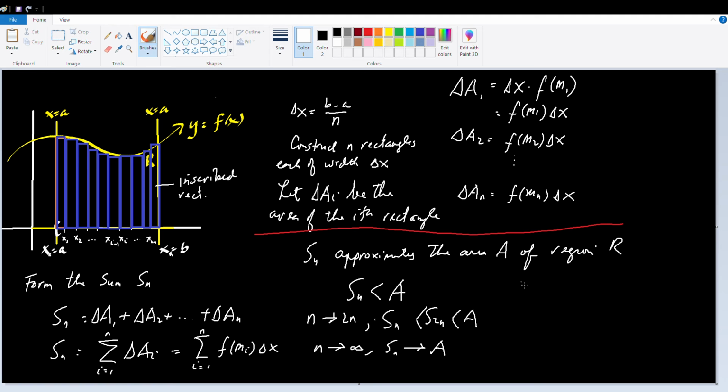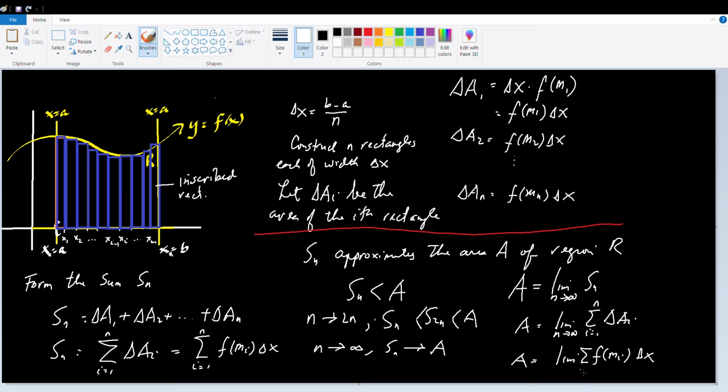Hence, we say that the area of region R is equal to the limit of S sub n as n increases without bound, or the limit of the summation of delta Ai, i from 1 to n, as n increases without bound, or in another form, A is the limit of the sum of f of mi delta x, i from 1 to n, as n increases without bound.